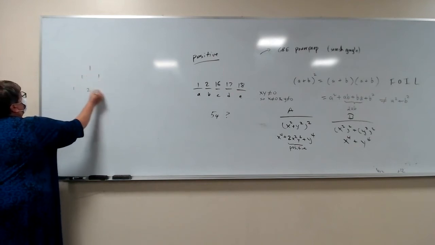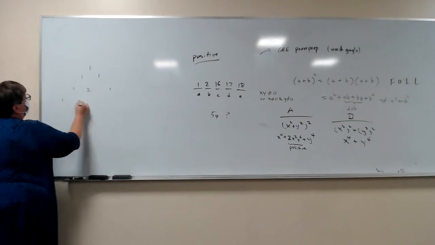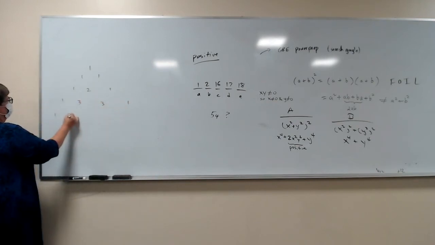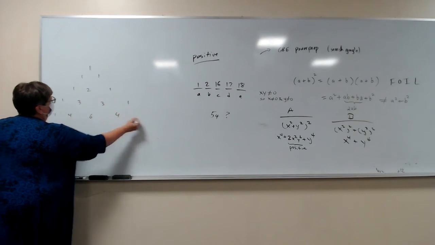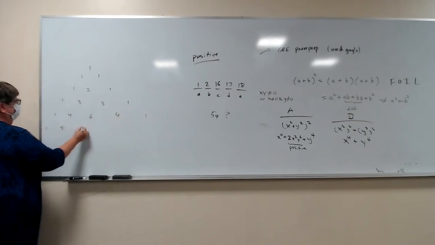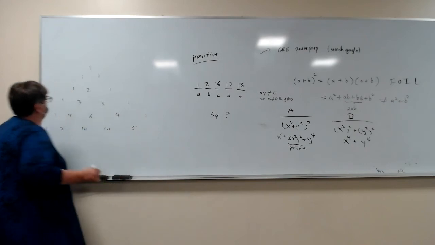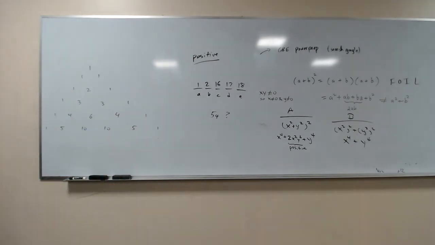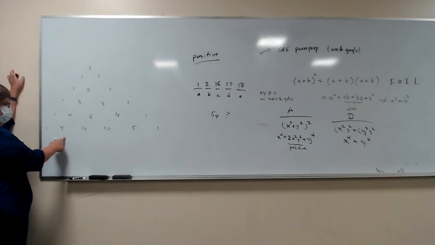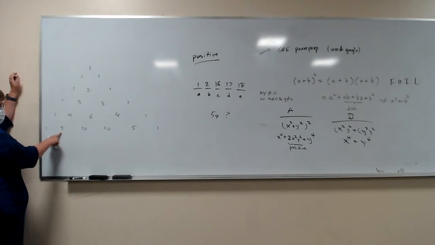So this is a question about Pascal's triangle. Do you guys remember this? No. Pascal's triangle shows up in every class I teach. It tells me how many ways I could choose a certain number of things out of a bigger set of options. This is the 5s row.